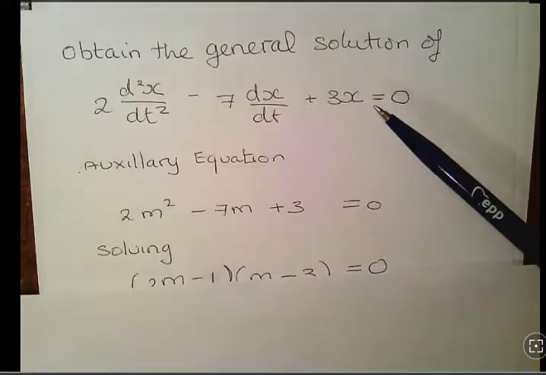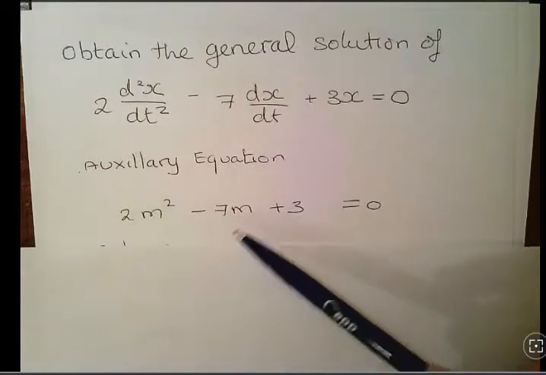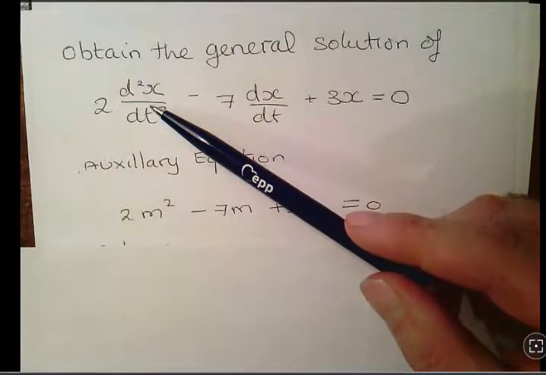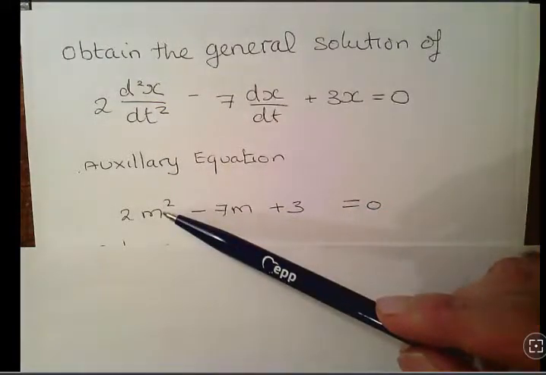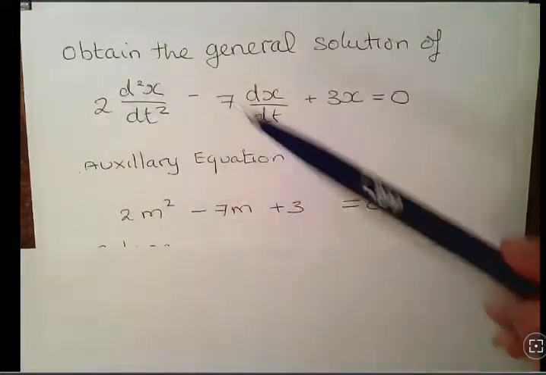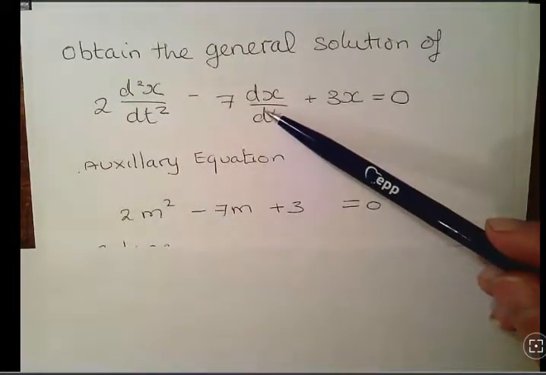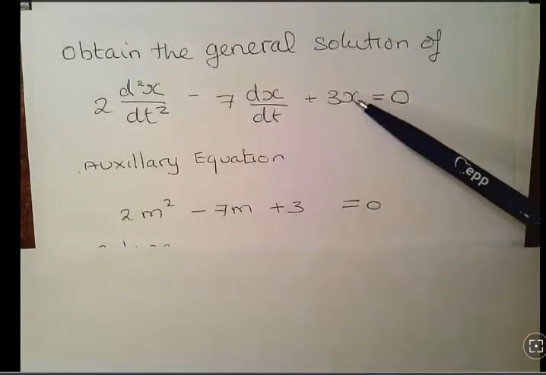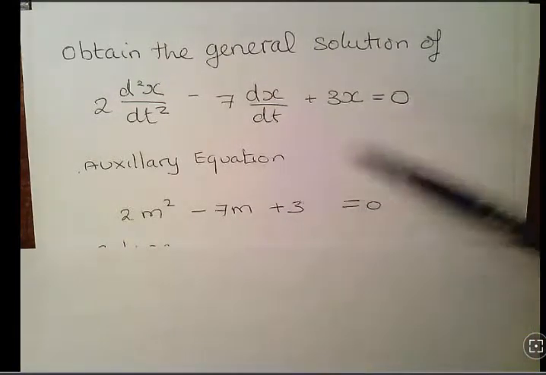Again, we start off with the auxiliary equation. For the second order term, we write in m squared in correspondence to it. So we have 2m squared, don't forget that coefficient there, minus 7 times m for the first order expression, plus 3.